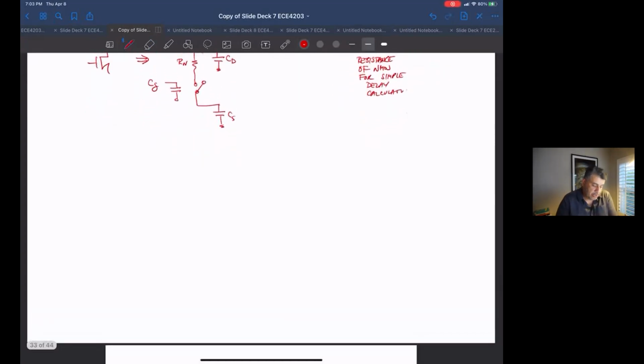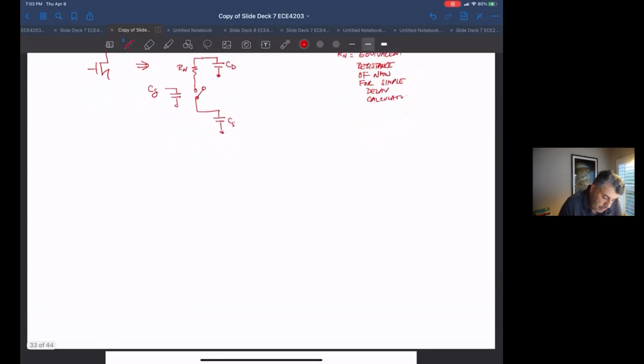Now, this is going back to realizing that, say, for example, when the input of our inverter goes from low to high, from 0 to VDD, our output would go from VDD to ground. Let me just draw it.